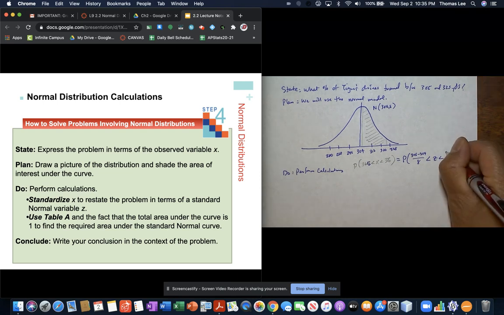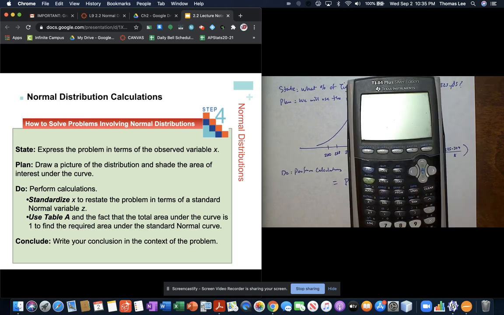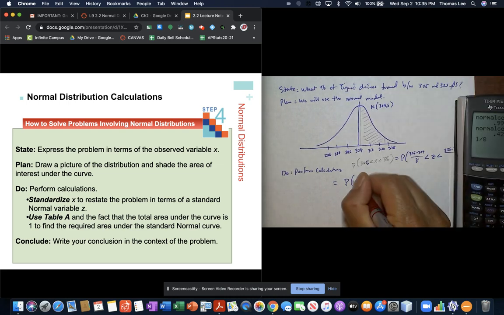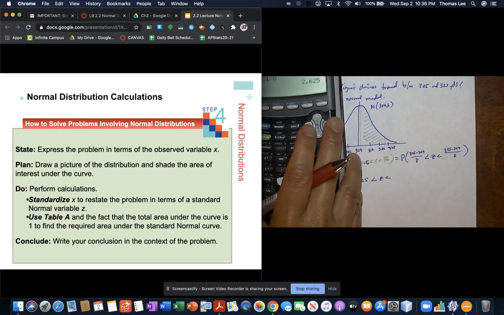So the probability is z between 0.125 and, for 325, 325 minus 304 is 21, divided by 8, which is 2.65.